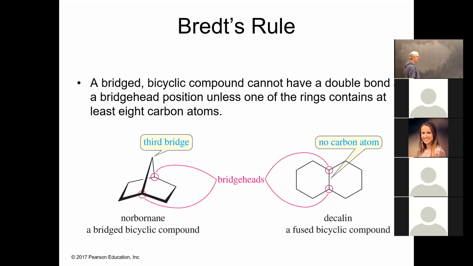Let's compare that to the bridged bicyclic compound. For this, it is not possible to have a double bond at one of the bridgeheads. So this would be impossible.